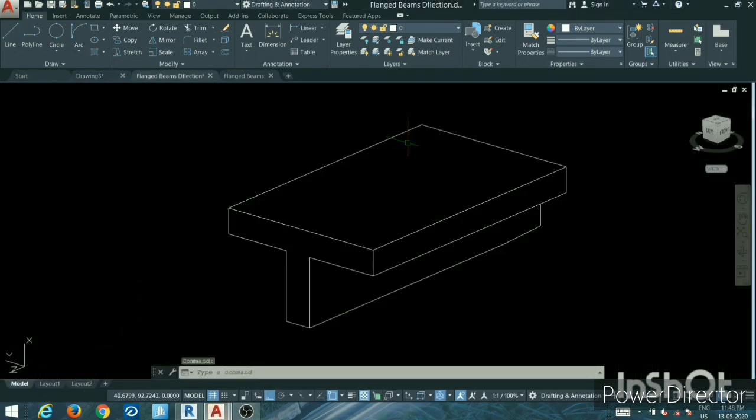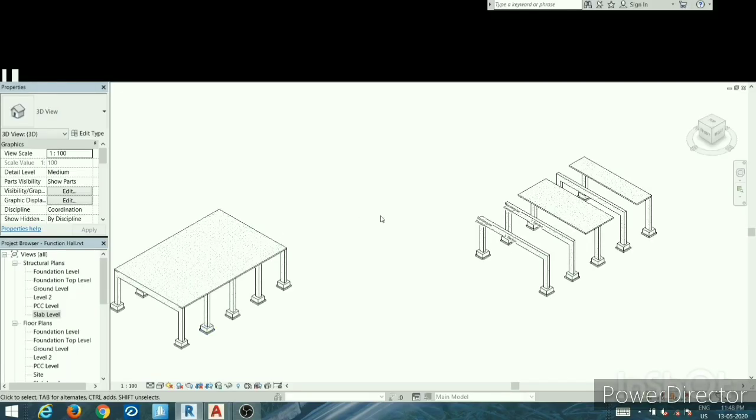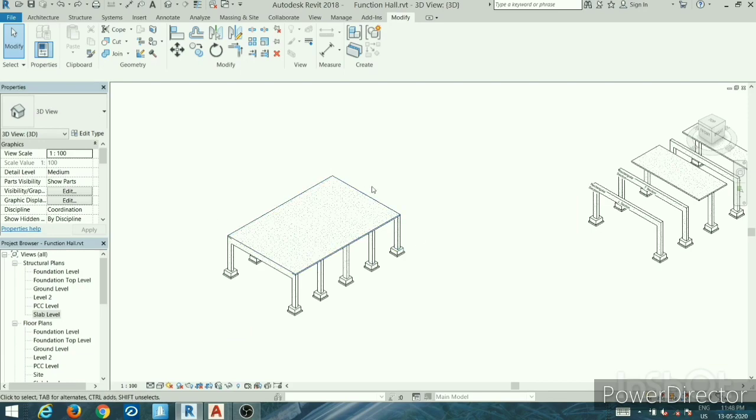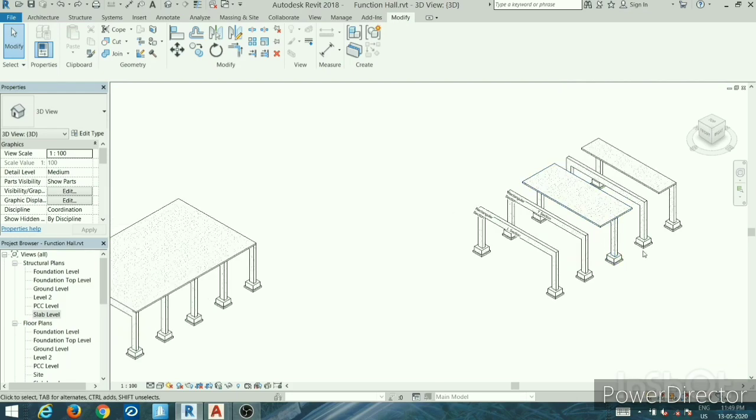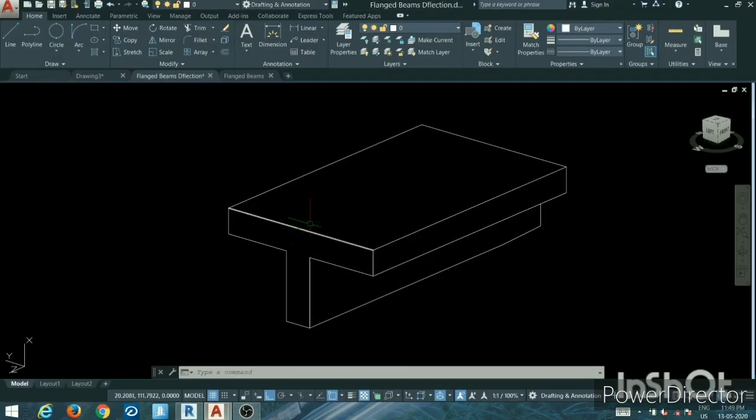This is the simplest form of the diagram, which came just from this 3D model of Revit. We have seen this model in the previous video, and the different components. Over here you can see the intermediate frame, which we have drawn in AutoCAD.